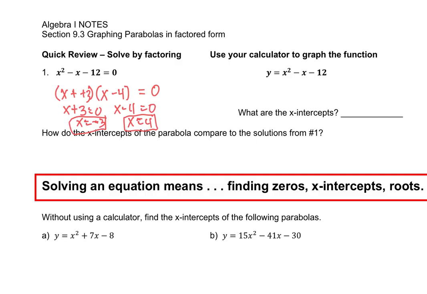So once you get that whole equation in, you go to y equals, enter x squared minus x minus 12. So you will enter in what is right here. I'm just going to highlight it so you guys can see it. And then once you get that, you're going to press graph.